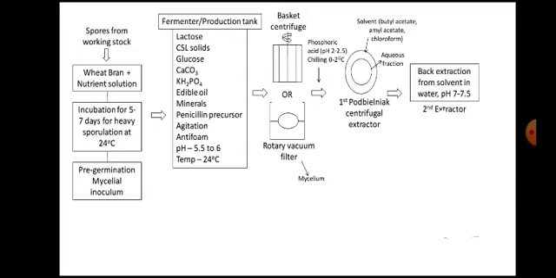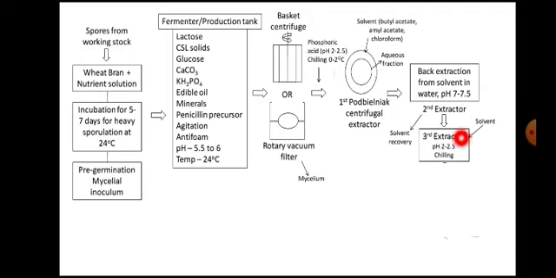Then there will be back extraction from the solvent into water at pH 7 to 7.5. That is the second extractor. Then solvent will be separated. Again, these processes can be repeated twice or thrice using the same protocol.